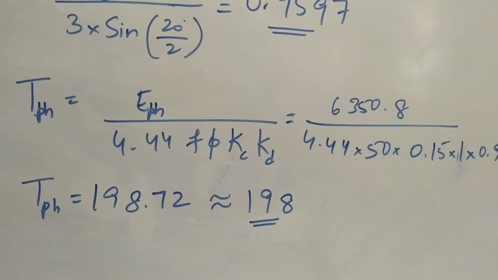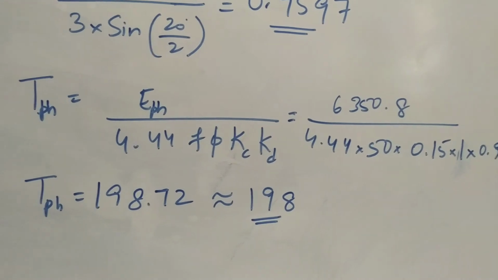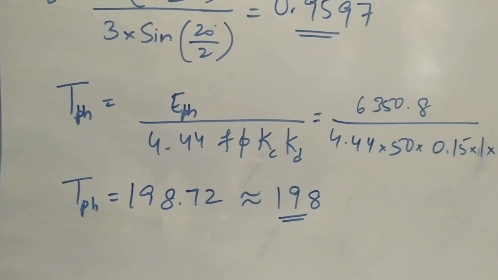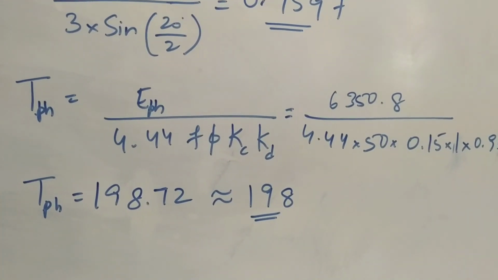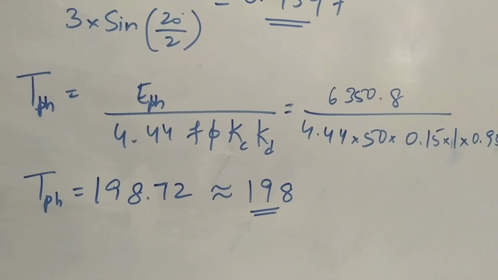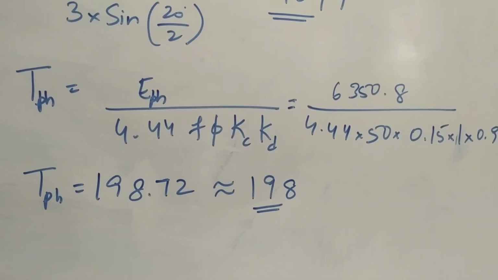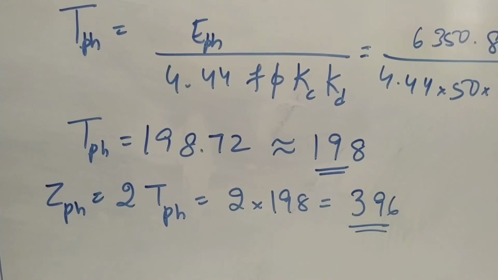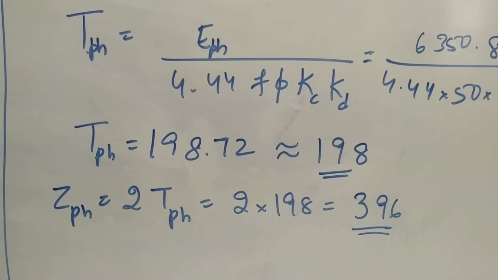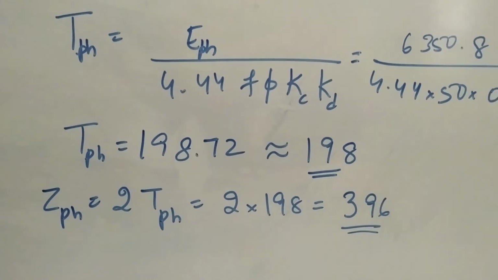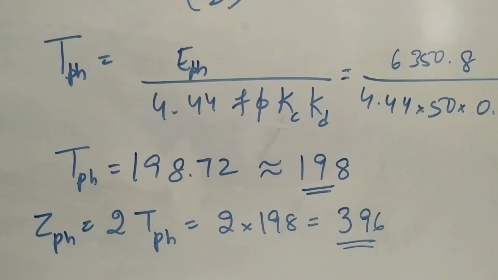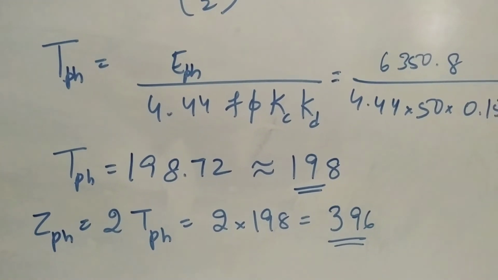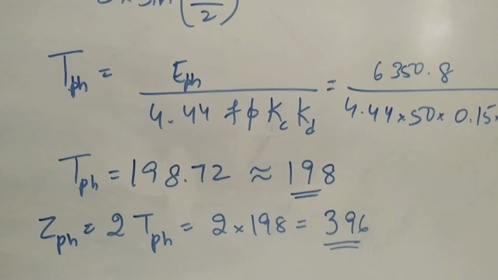The aim is to find out the number of armature conductors in series per phase. So Z phase is equal to 2 times T phase, which results in 396 conductors. So these many conductors will be connected in series per phase. Thank you for watching this video.